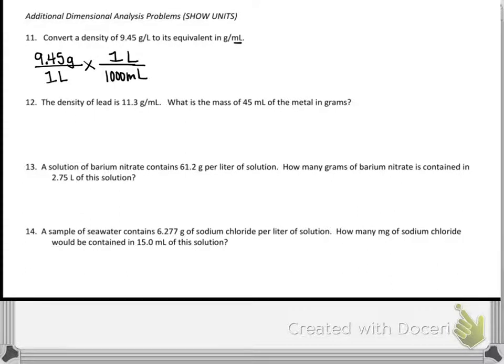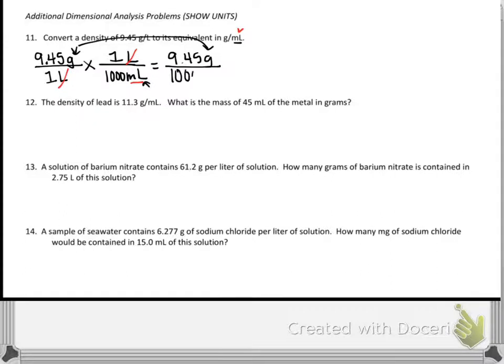We can now cancel out our liters. Are we happy with milliliters? We are. So now we can write our equal sign. We're going to end up with 9.45 grams because that unit is still here. So you're going to transfer it over because it's still in the numerator. But in this case, now we have a unit left over in the denominator, which is perfectly fine.